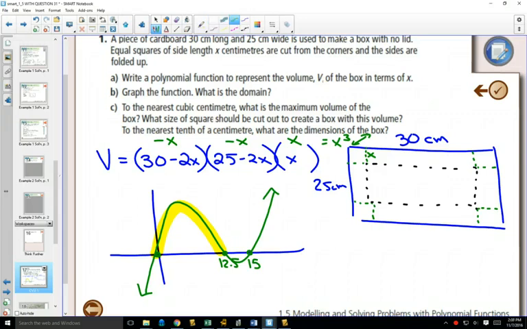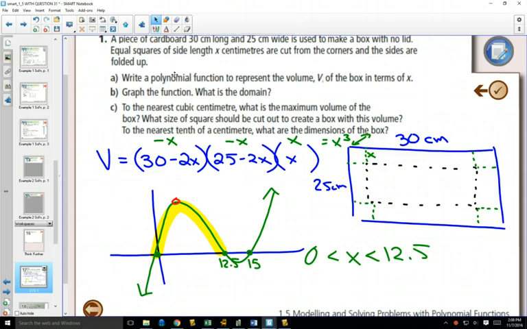So it only makes sense when x is between 0 and 12.5. 0 doesn't really make sense. Neither does 12.5, because either way you wouldn't be able to make a box. But any other little bit that you cut out would make a box. So here's our graph.